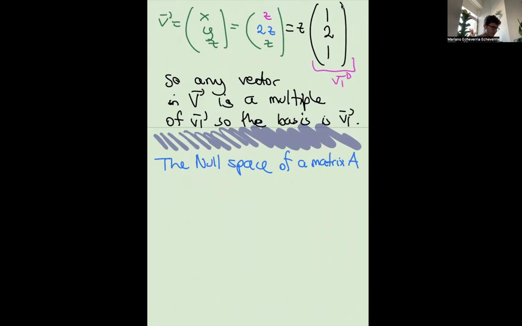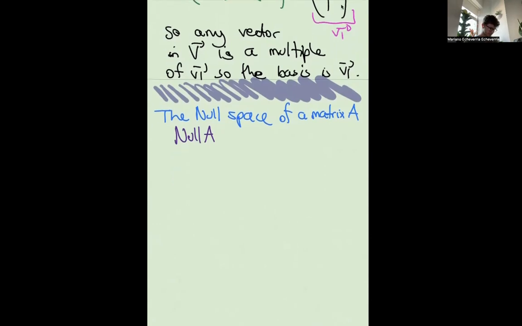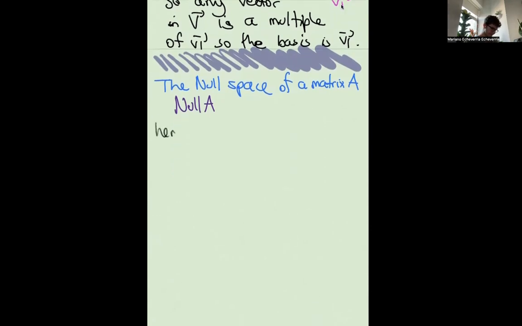This is usually called null of A. So the idea is, if you have a matrix, the null space just consists of all the solutions to the homogeneous system of equations Ax equals 0.